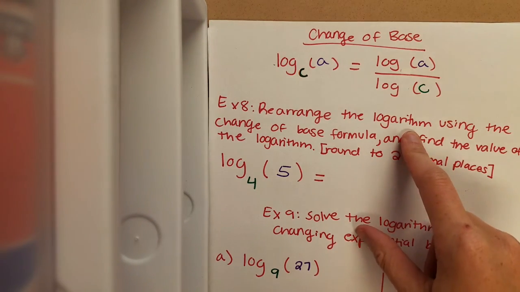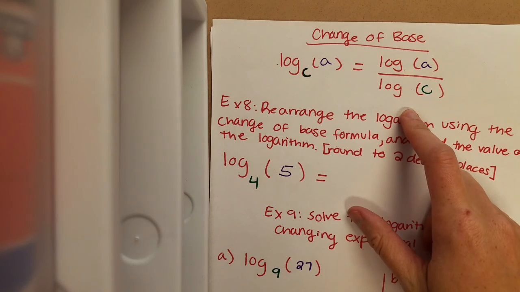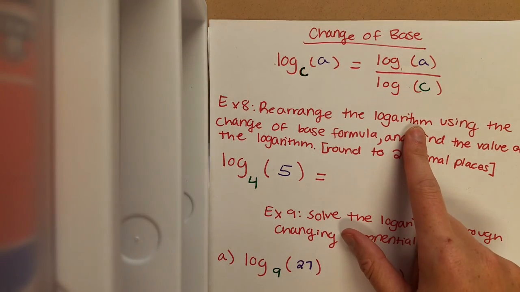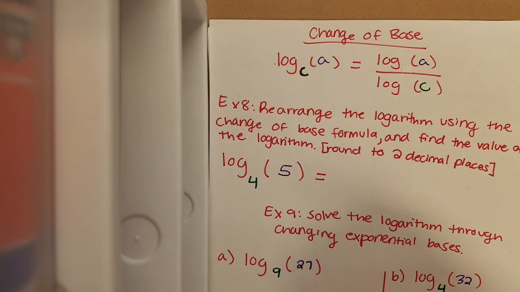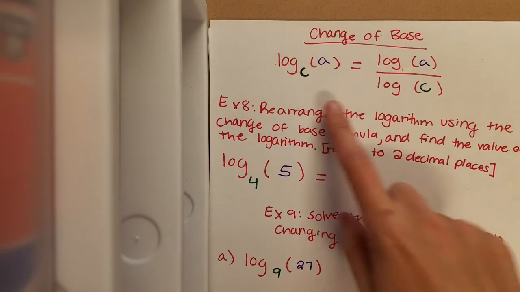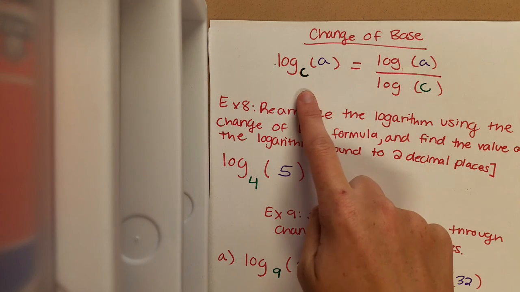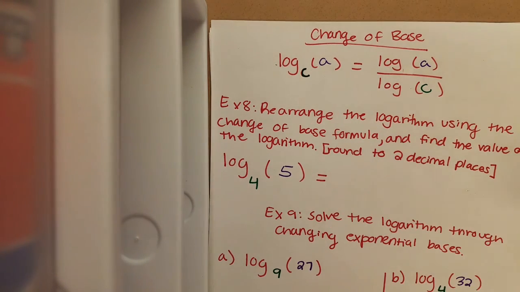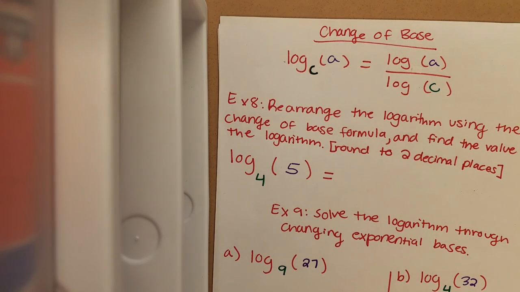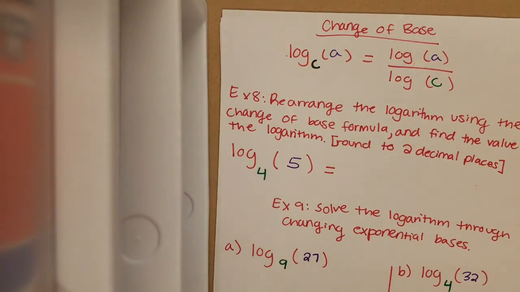If you see here, I don't have a base listed, so secretly this is base 10. The reason why we used to do this is because in your calculator you used to only be able to use base 10. So currently I have changed whatever my current base is, base C, into base 10. Technically you could change the base to whatever you want though. If you wanted it to be in base 7, you could convert this into base 7.